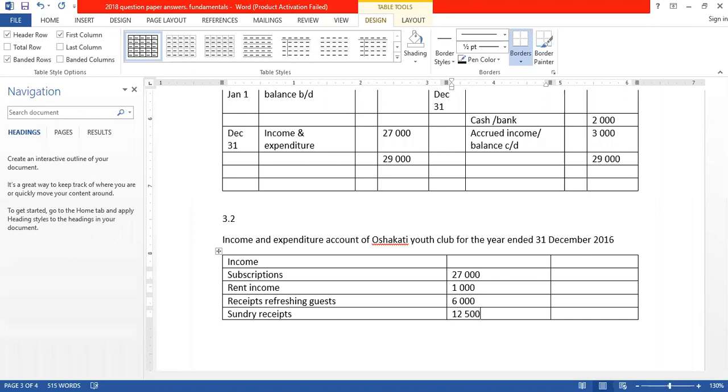Another thing that you should know is that if the non-profit making organization has a trading business, let's say they have a bar or restaurant or a stall, you are required to draw up a trading account, remember?